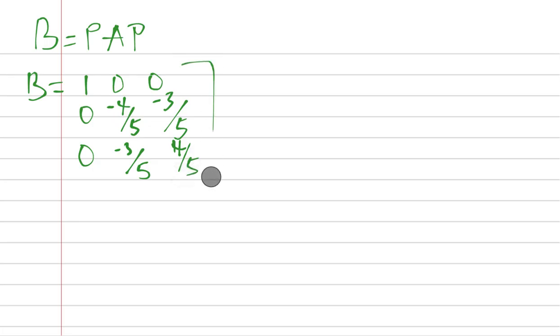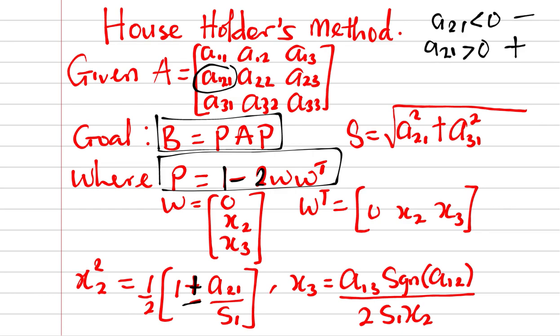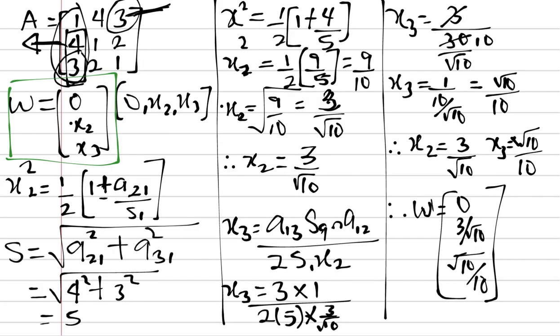So this is our P multiplied by our A, the value of our A that we are given in the question. Don't forget, the value of our A here is 143, 412, 321.